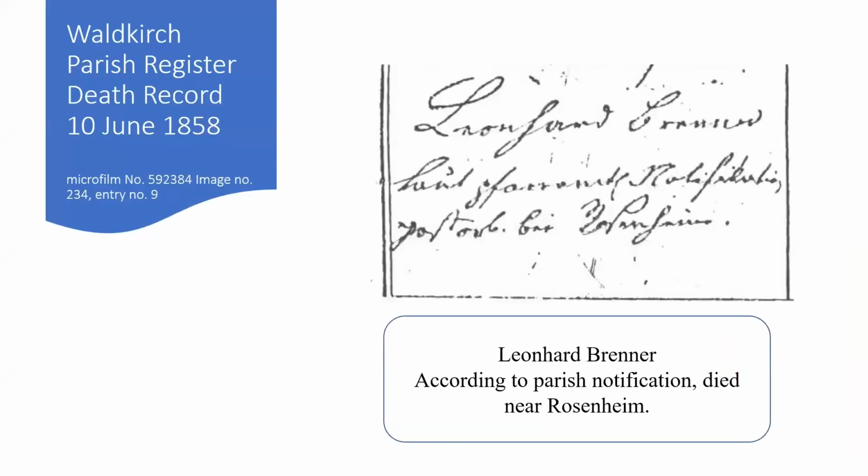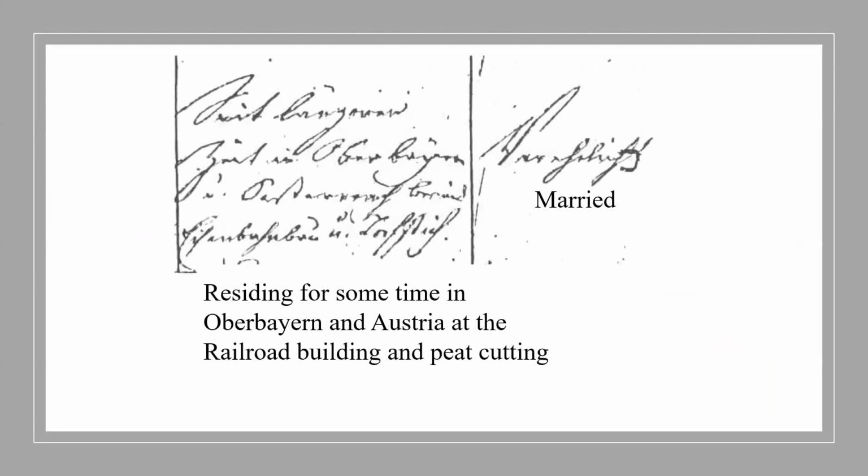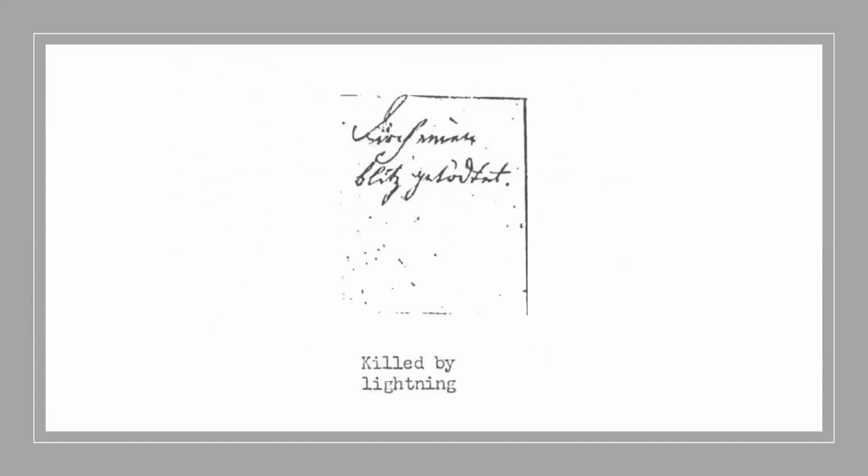The first part of the Waldkirch Parish death record shows that Leonhard Brenner, according to the parish notification, died near Rosenheim. Next, it says that he was a railroad worker and Catholic. Then it says Leonhard Brenner was residing for some time in Oberbayern in Austria at the railroad building and turf. He was also married. The cause of death shows that he was killed by lightning.